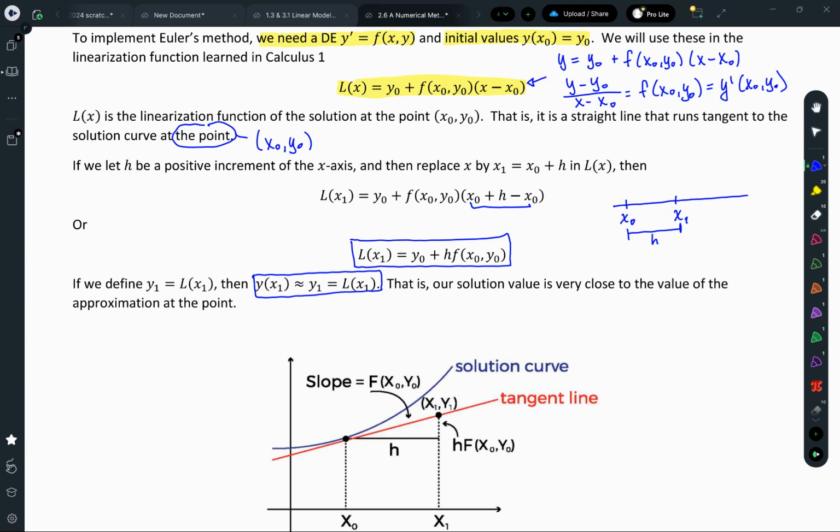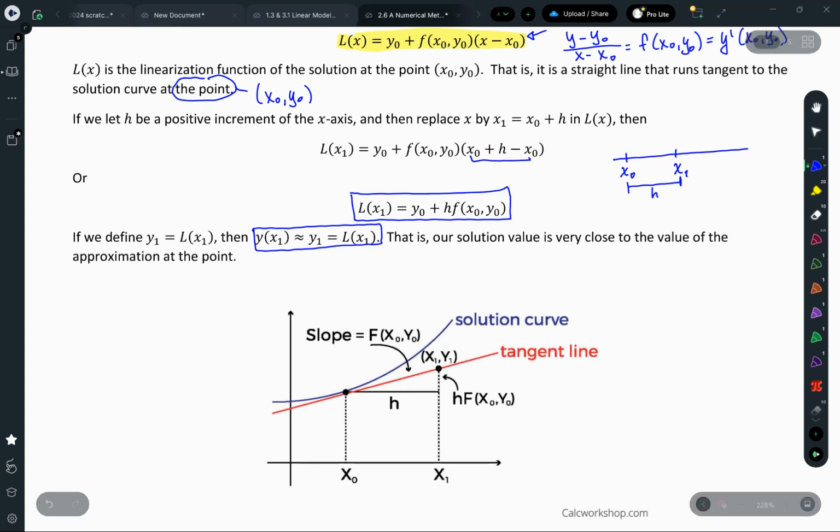And this y1 value will be equal to the linearization function. So here's what I'm saying on this, okay? I've got this picture right here, and we've got a curve, the solution curve in blue, and we have a tangent line in red. This point right here, I've highlighted it, this is where x naught, y naught is, okay?